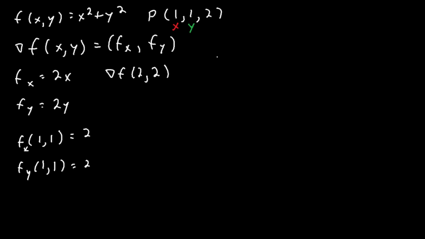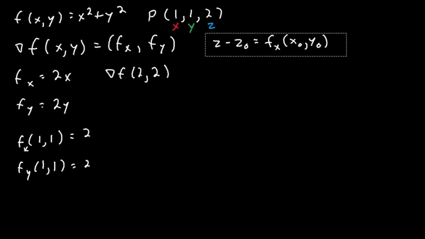Once we find our gradient, we can use this format for our problem. We get z minus z null, which is just the z point, is equal to f of x gradient at x null, y null, times x minus x null, plus f of y at x null, y null, times y minus y null. I don't think I'll have enough space for this actually. Hold up, let me move this down.